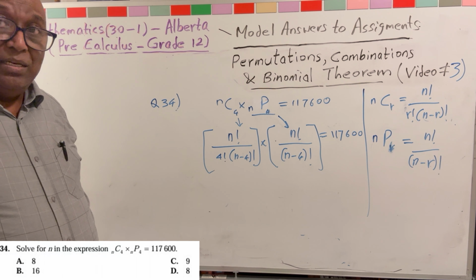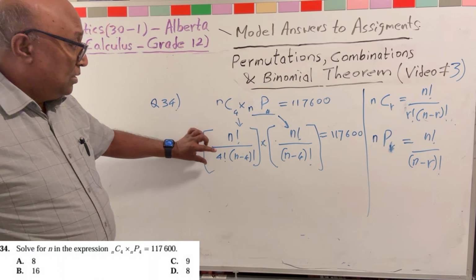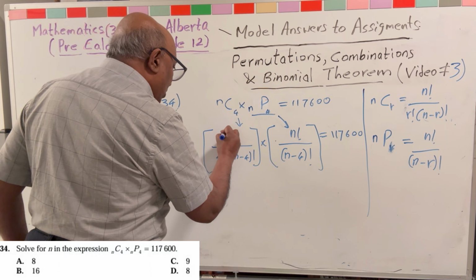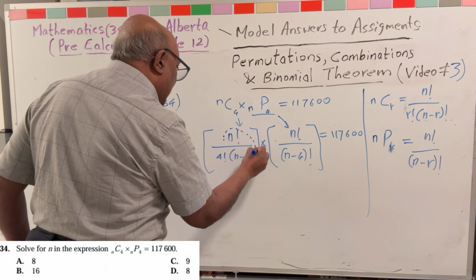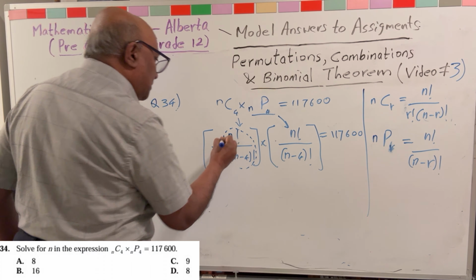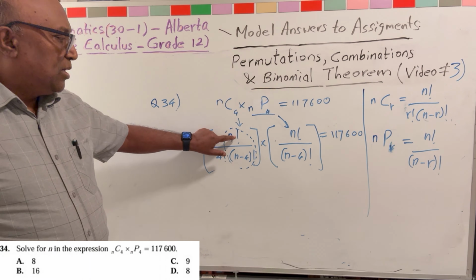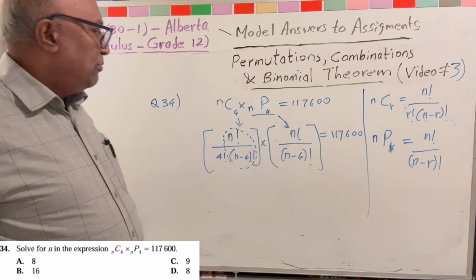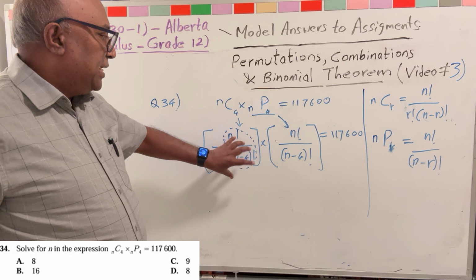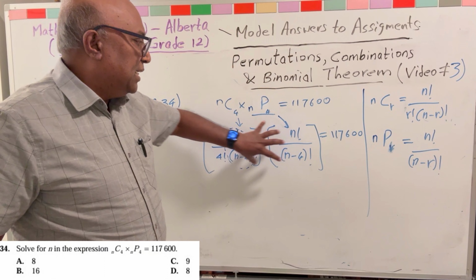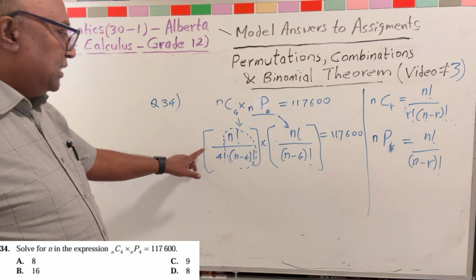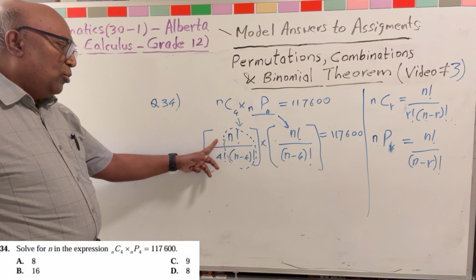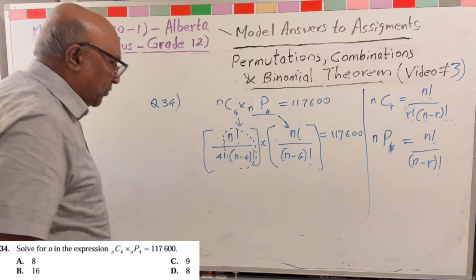Now let's use our knowledge of algebra. When you look at this, these two terms look the same. Factorial n upon n minus 4 factorial, and factorial n upon n minus 4 factorial. Then from algebra, s times s is s squared. We can separate 1 upon factorial 4.